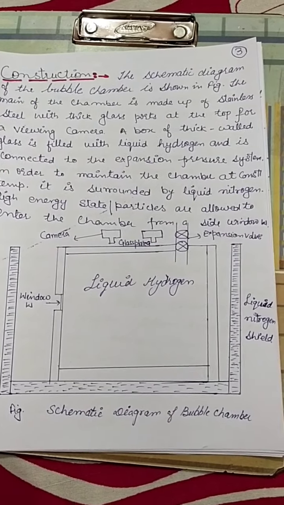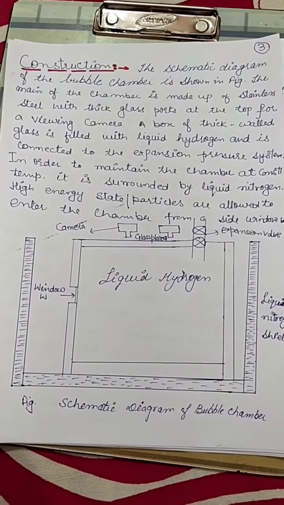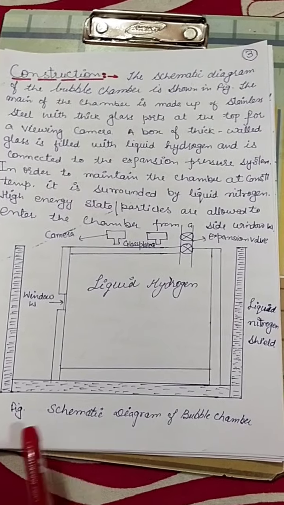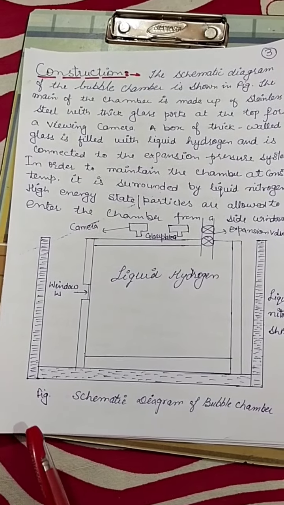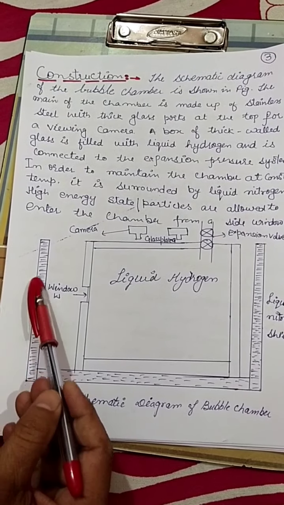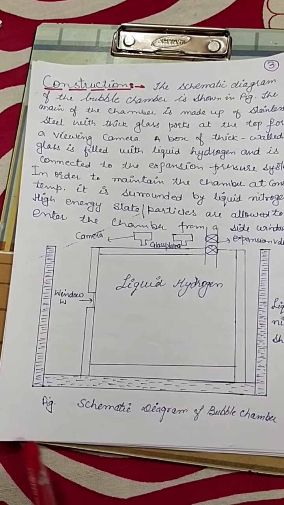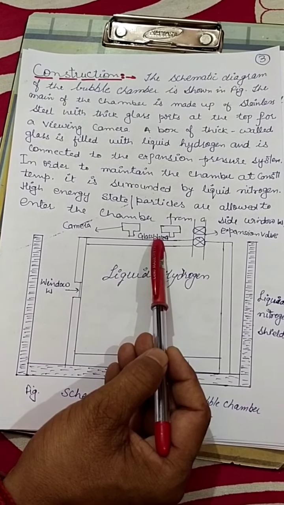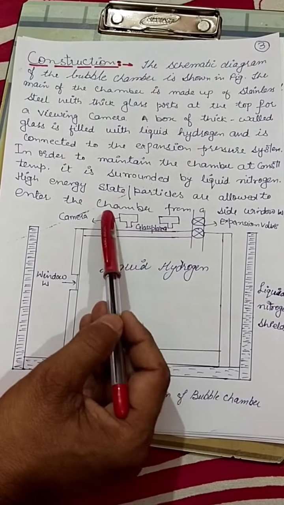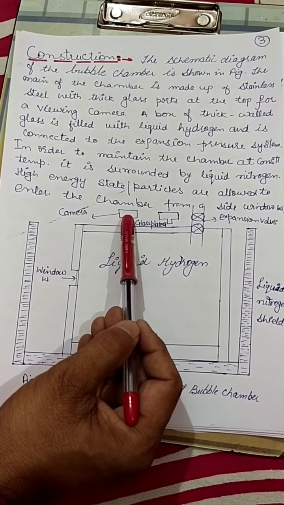Now the construction. In the schematic diagram of the bubble chamber shown in this figure, the main body of the chamber is made of stainless steel with a thick glass port G. At the top is a viewing camera.